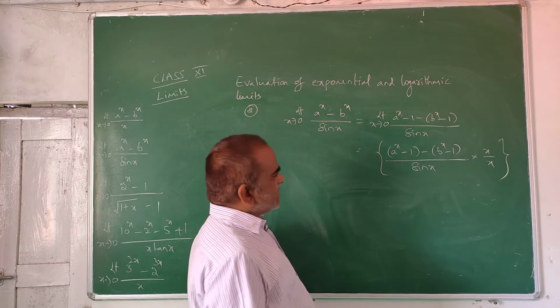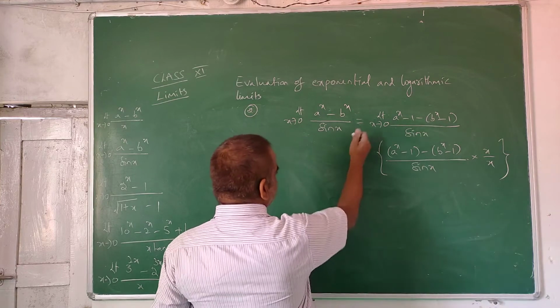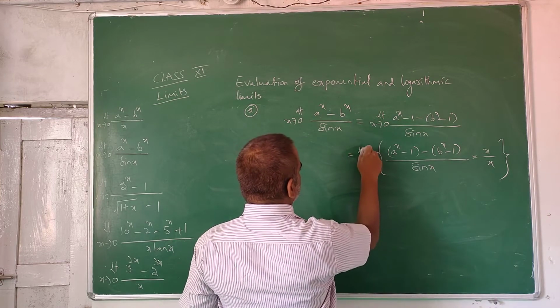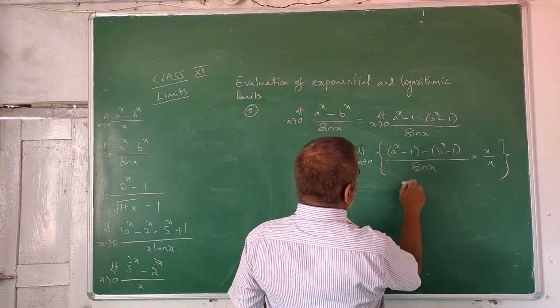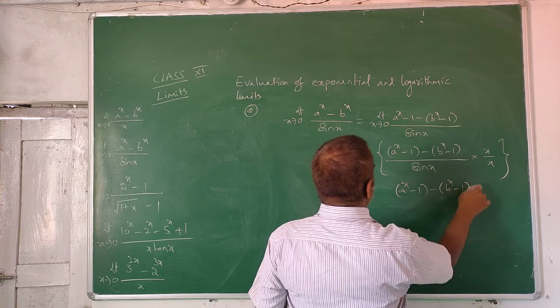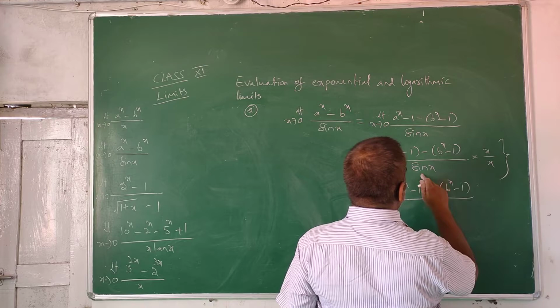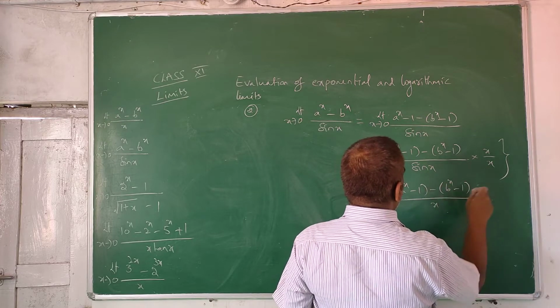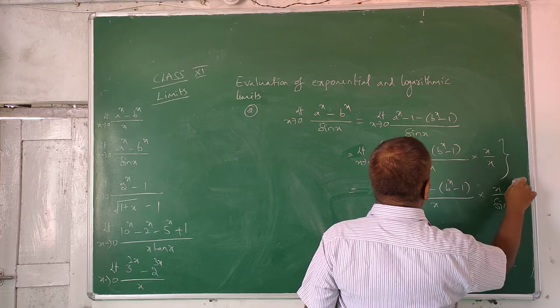In this step I am multiplying and dividing by x, into x by x, limit x tends to 0. Now a small adjustment gives a top result, that is, here I am just interchanging the positions. I am putting x here, x by sin x here, that's it.